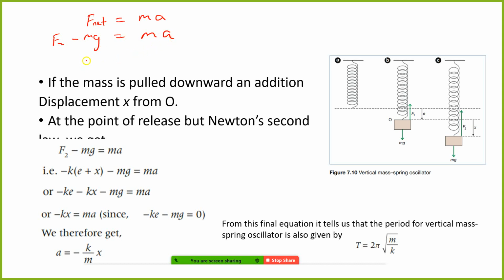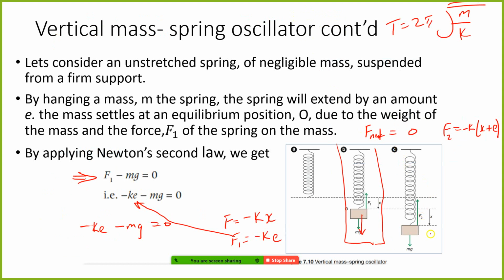All right. So we said a while ago that F2 is going to be minus k, in bracket, x plus e. The reason why we have to add that e is because of that further extension.